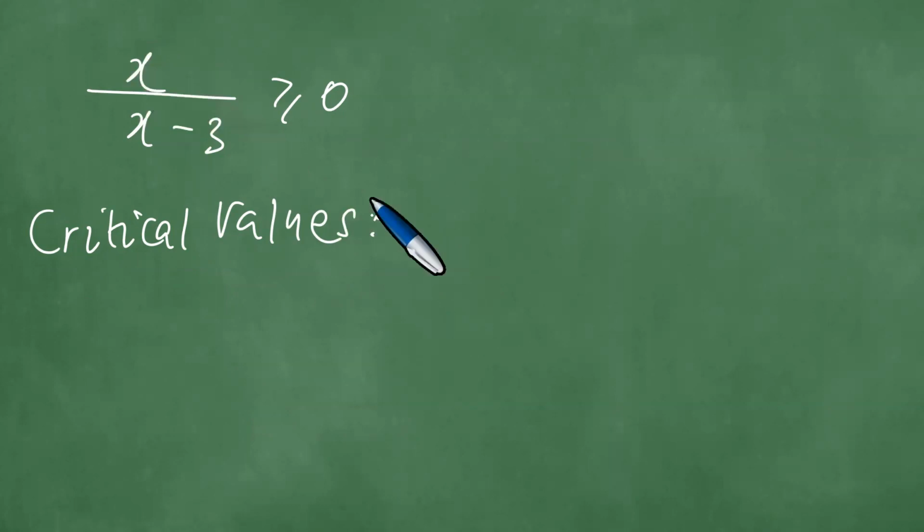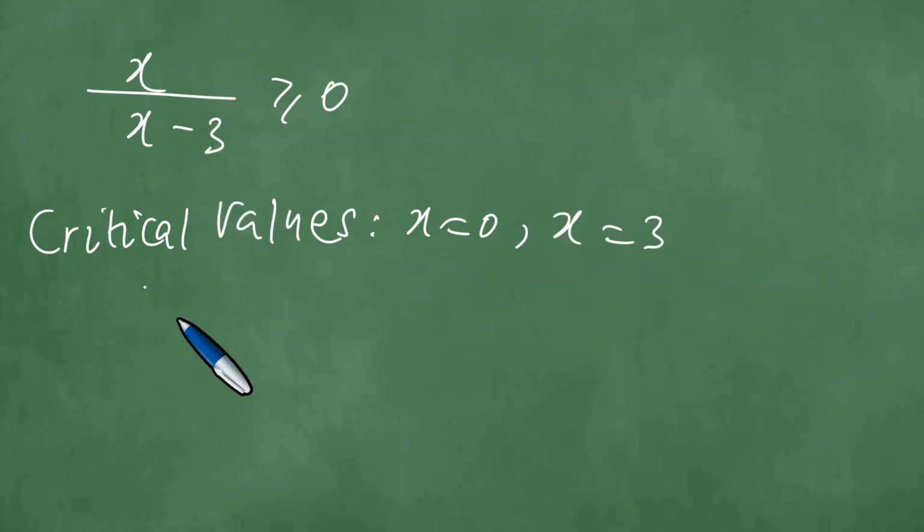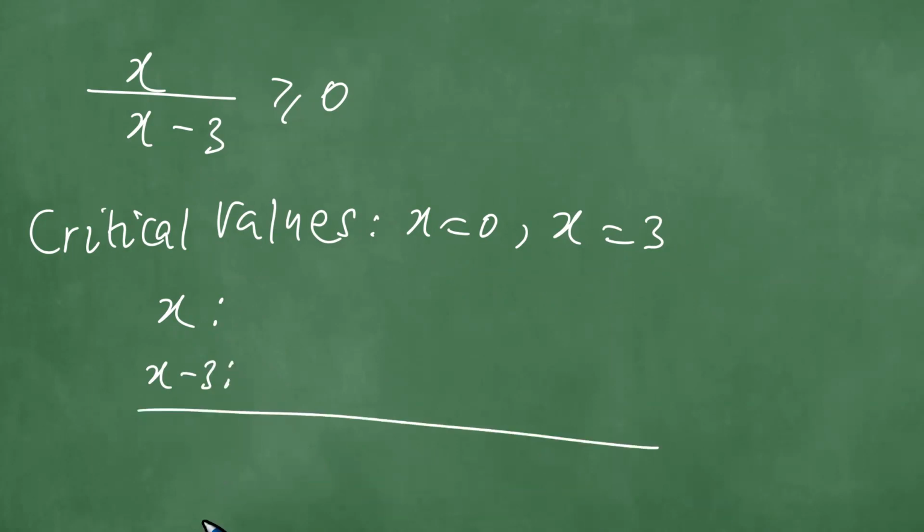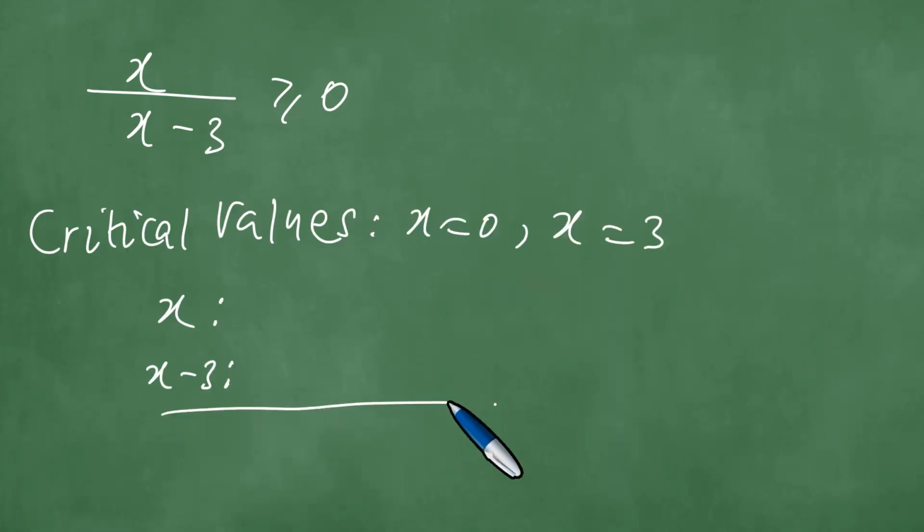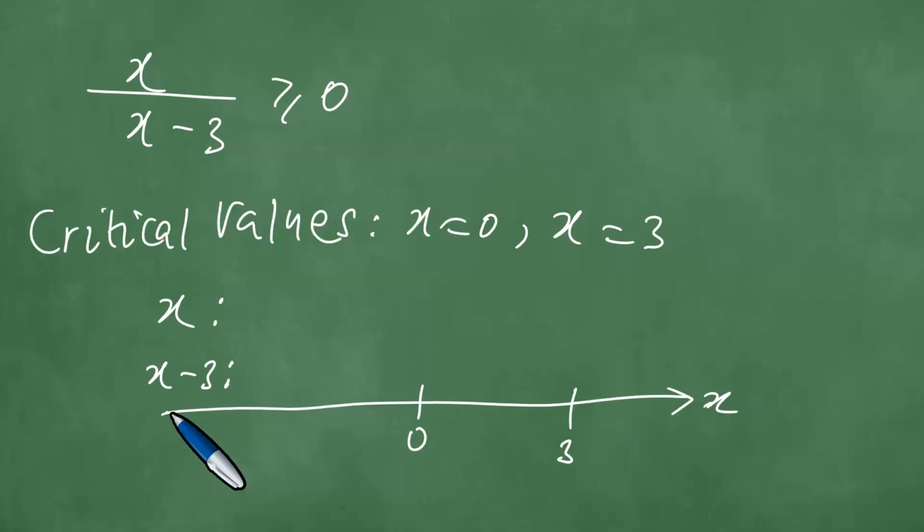They occur when the numerator is 0, or when x is 3. In which case, therefore, we put x, and then we put x minus 3 here, and we draw our number line like this. And if we do that, we put here 0, we put here 3, and this is the number line of x values. Beneath here, we put x over x minus 3. Right, in which case, therefore, we draw like this.